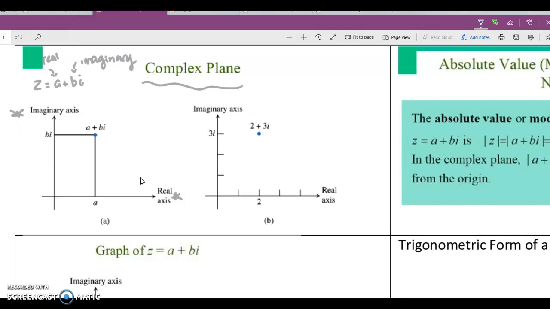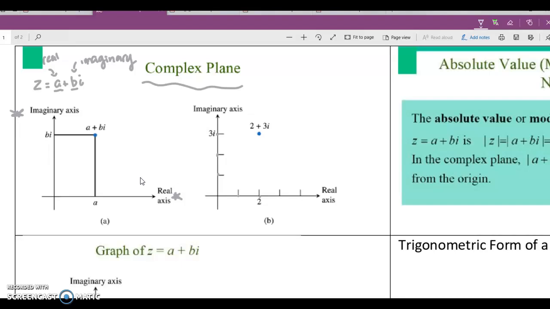So this will tell you how far you go on the real axis, and this will tell you how far you go on the imaginary axis. So in this case here, we have the example of our complex number is 2 plus 3i. So we go over 2 on the real axis, and we go up 3 on the imaginary axis.